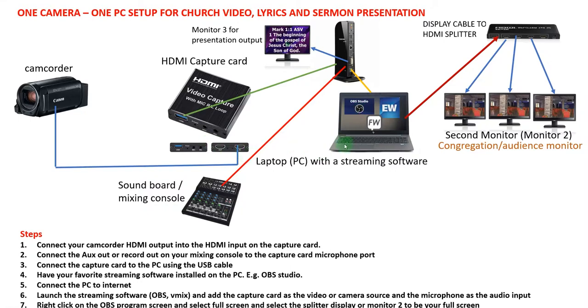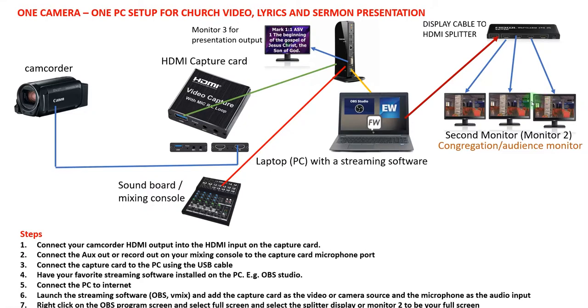Okay, so once we have our laptop connected through HDMI to my HDMI splitter, I'm starting from this side before we include the camera because that is the basic setup we usually do. From the HDMI port on my laptop connected to the HDMI splitter, the signal is distributed the same across my three screens in the auditorium.